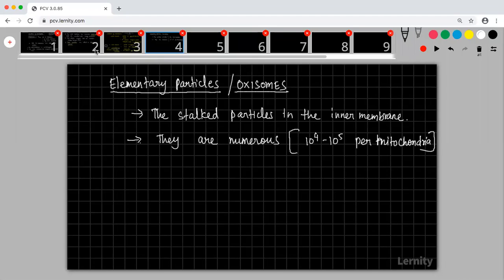Yeah, right, Rangapriya. What you are saying is correct.